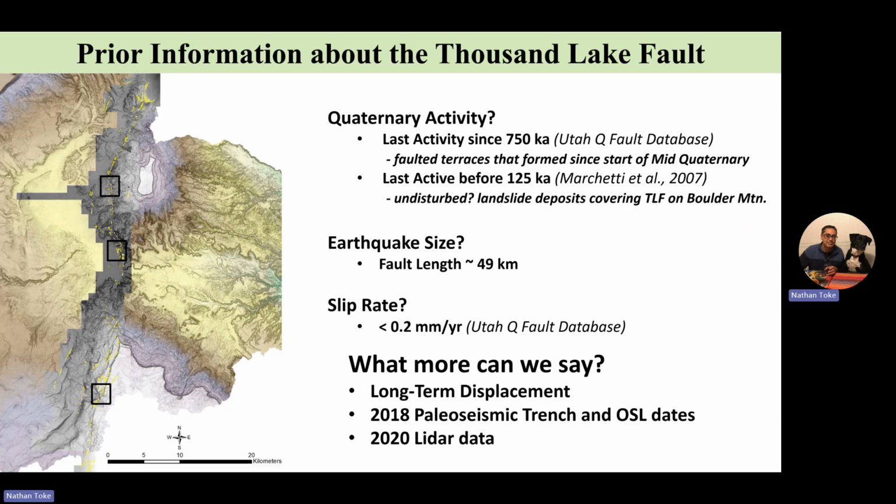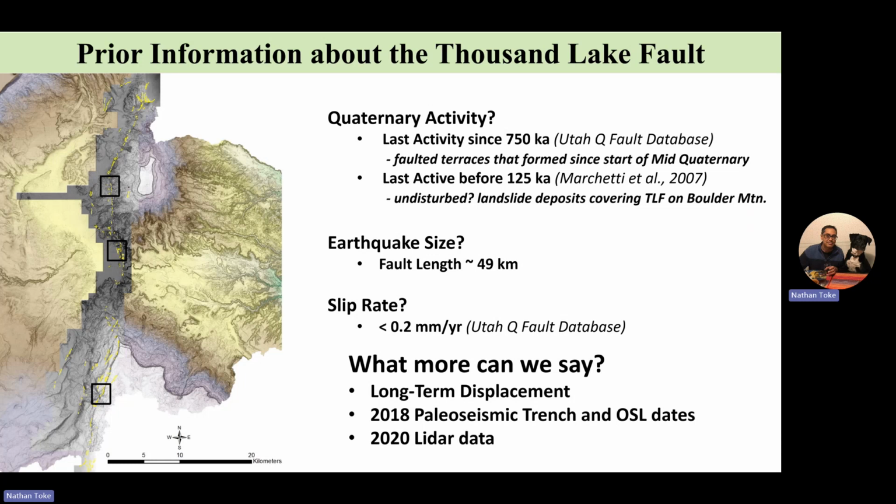Just looking at the topographic data that we had at the time we started back in about 2015, you can see that the fault length is almost 50 kilometers. And the slip rate data from the Utah Quaternary Fault and Fold database, this is less than 0.2 millimeters per year. And so it started to ask the question of what more can we say?